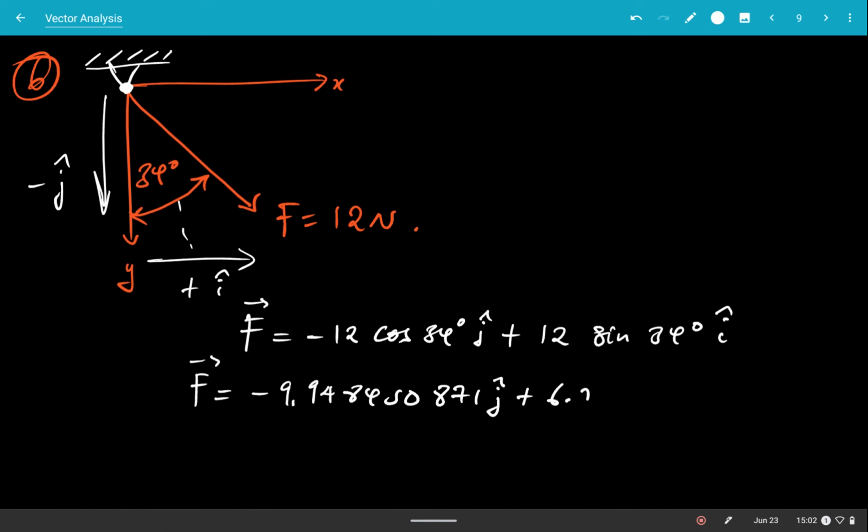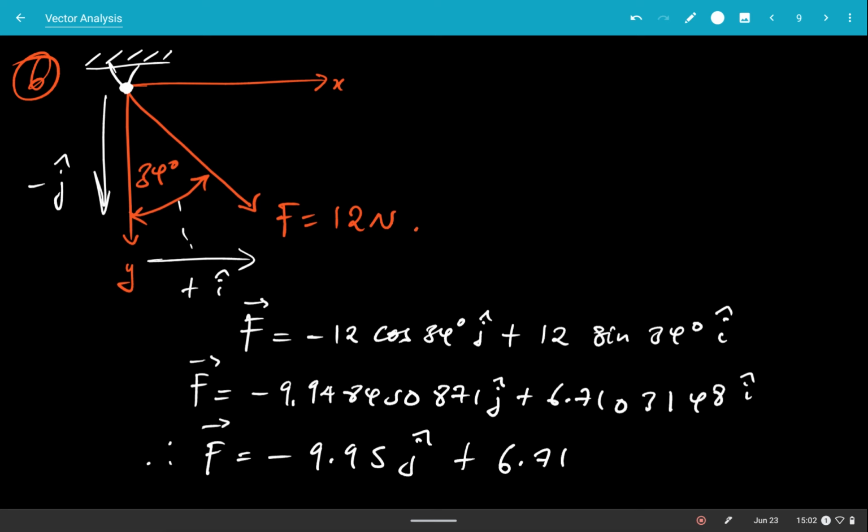Then I have plus 6.71031, then 48, and other values, but let me just end here in the I. Then round off to 2 decimal places, I have minus 9.95 in the j, plus 6.71 in the I, and these are your components. Alright, so this is actually how you go about resolving a given vector into its components, that is in 2 dimensions.